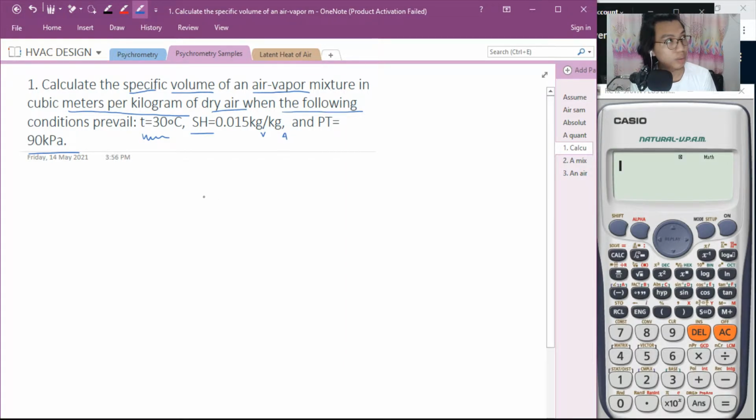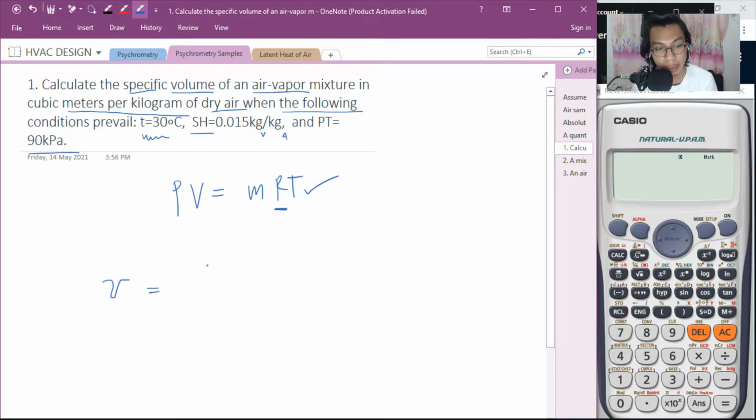Based on your ideal gas law, 'di ba? Ito yung ideal gas law mo. PV is equal to MRT. Now, air vapor mixture. So, as is, this is air. Kukunin mo yung temperature which is given, dry bulb naman, wala kang given na mass, pero ang sinabi dito is specific volume. So, that is this one, specific volume.